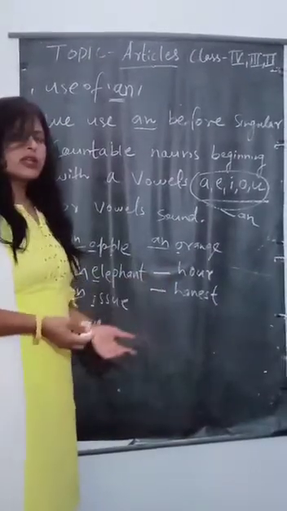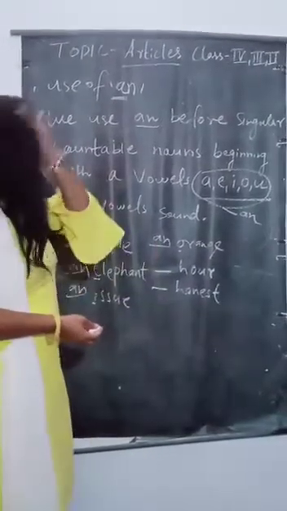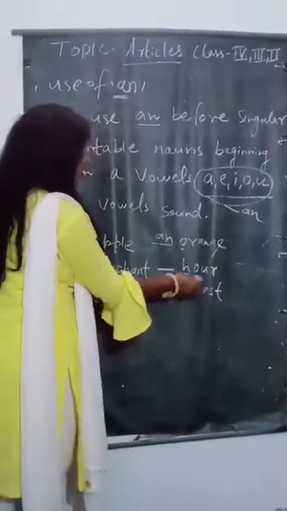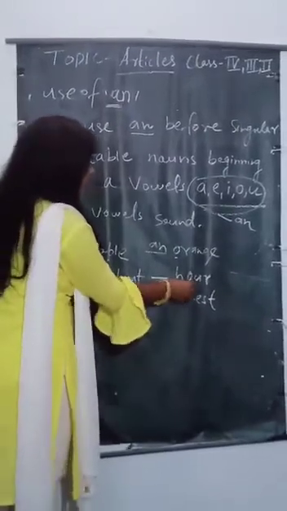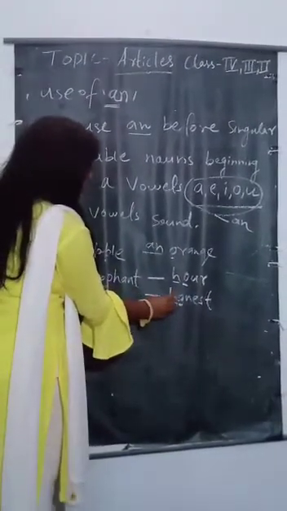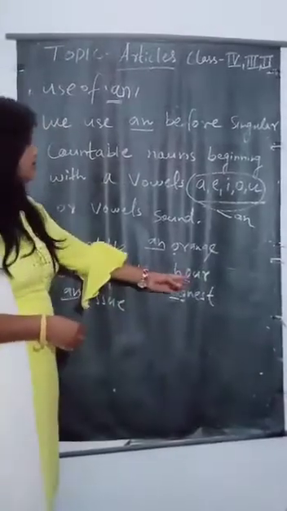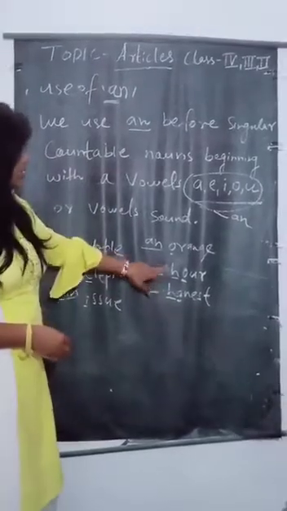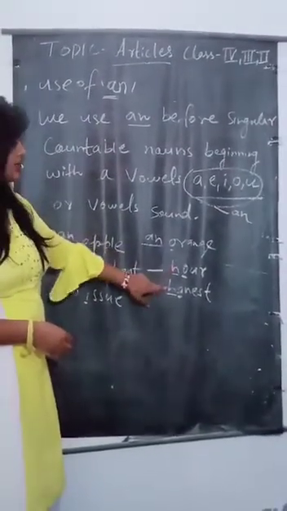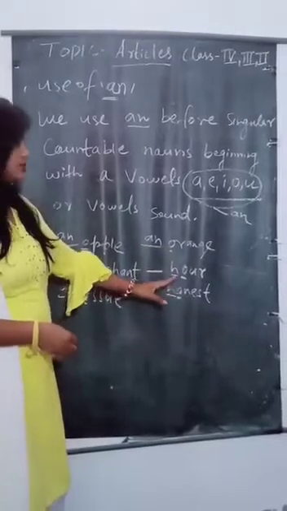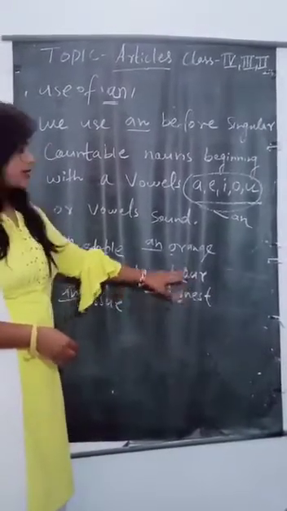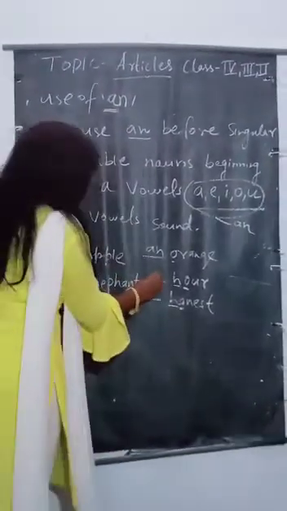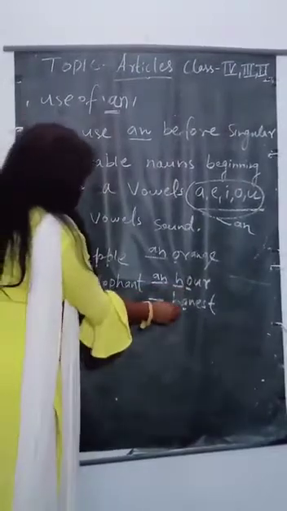So why can we add An? Because it is a silent letter. H is silent, and after it comes a vowel sound, O, so we can use An. H is a silent letter.